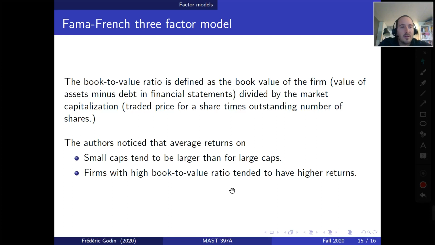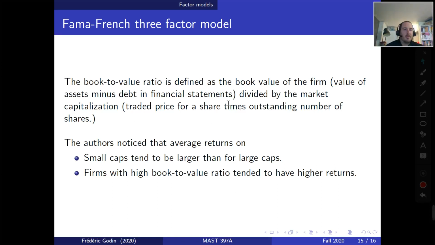And low book to value is the opposite: firms for which the market value seems much higher than what's written in the financial statement. So this explains what the third factor is.